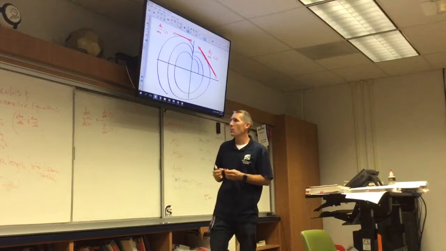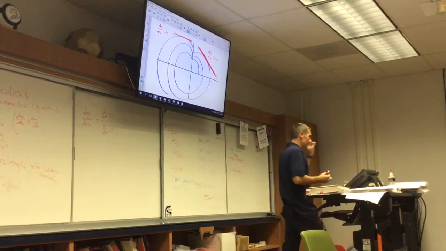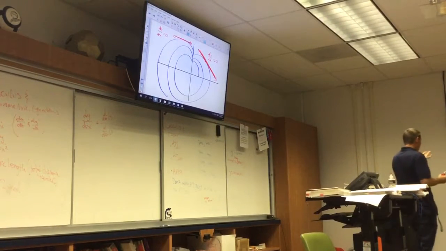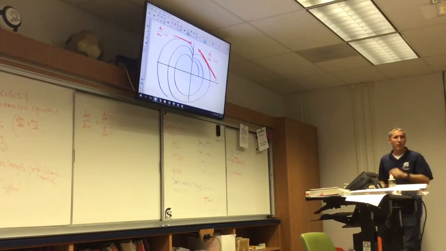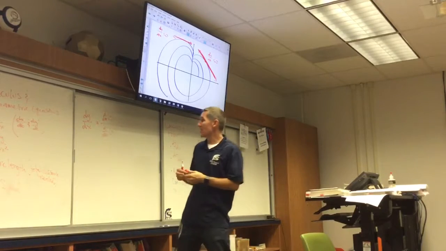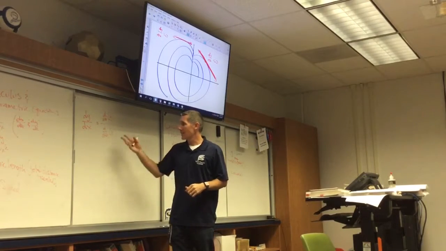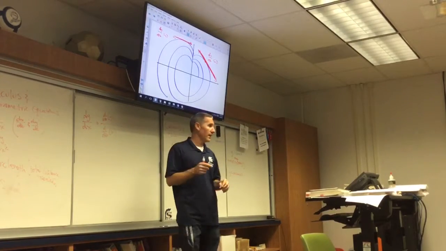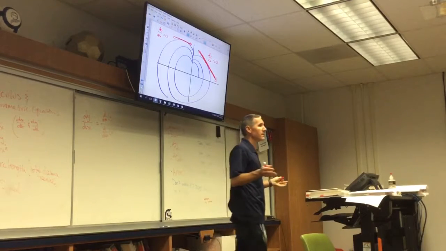So this is the same as dy d theta over dx d theta. The same reason that in parametric we had dy dt over dx dt was equal to dy dx, correct? So now we're just saying dy d theta over dx d theta is equal to dy dx. That shouldn't be a surprise.